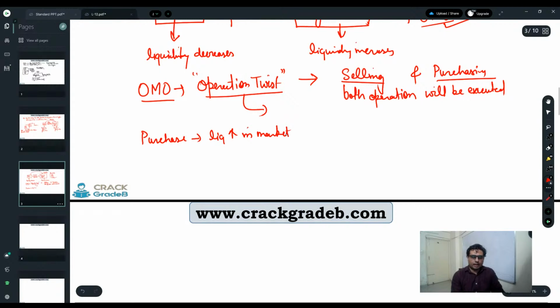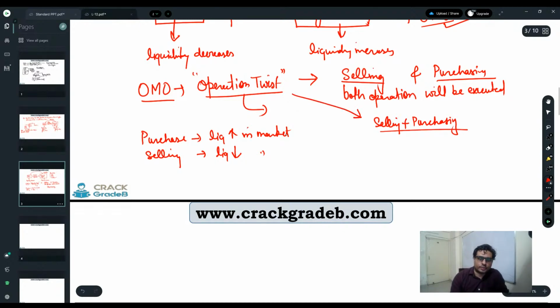Right. Now RBI wants liquidity decreased. So RBI starts selling and liquidity decreases. Then the question is why selling plus purchasing simultaneously under operation twist?